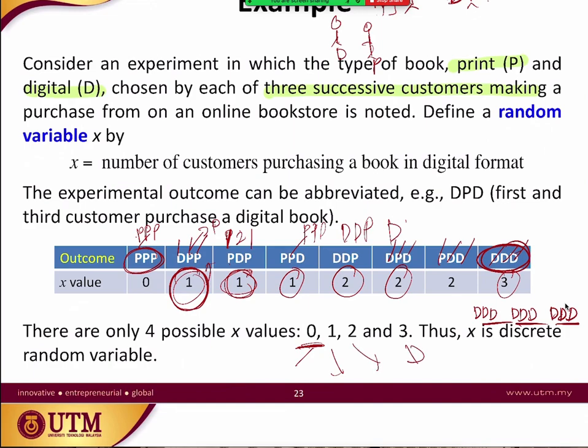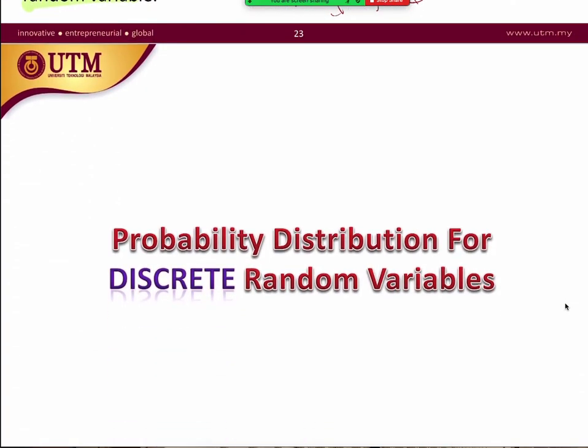So as you can see here, we are counting how many groups of customers have that buying pattern. So when it's counting, it is a discrete random variable. Moving on.